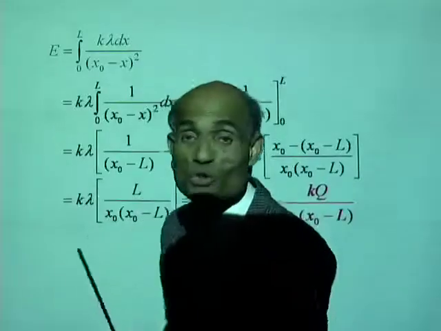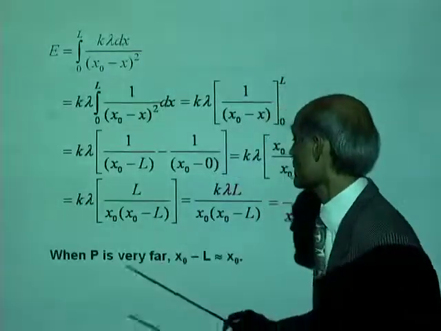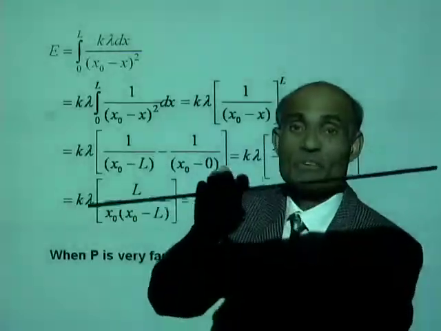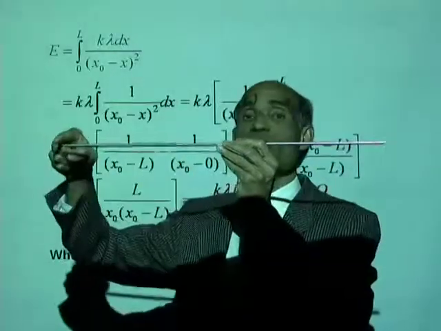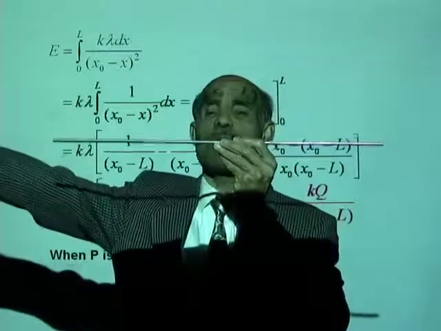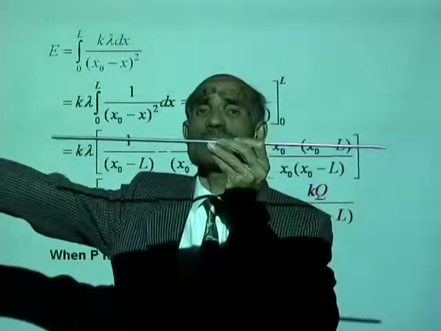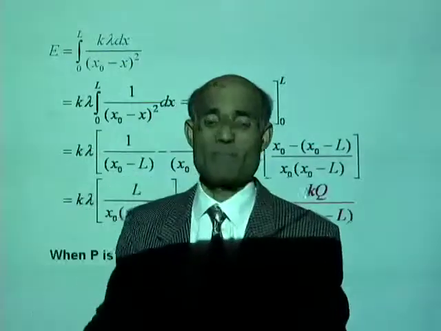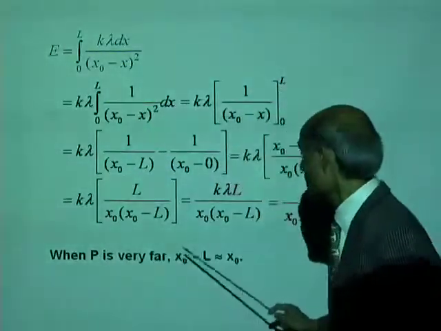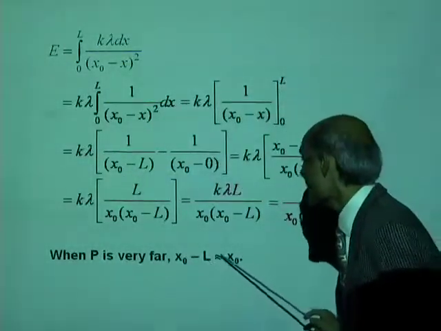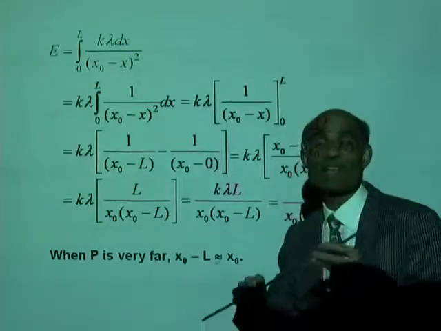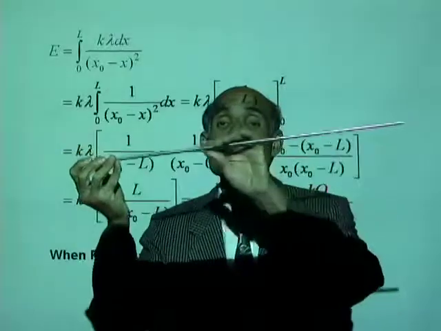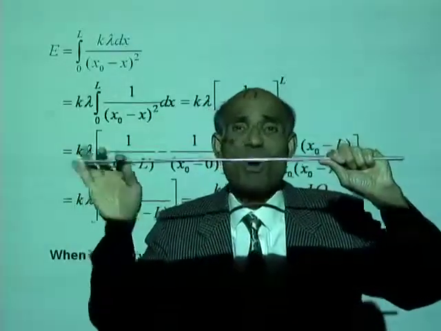Now, let's do some approximations. When P is very far, if this is the charged object and you take a point very far, say if I'm standing at Port Charlotte, take a point in Fort Myers, then x0 minus L will be approximately x0. Compared with that distance, the length of this object will be very small.